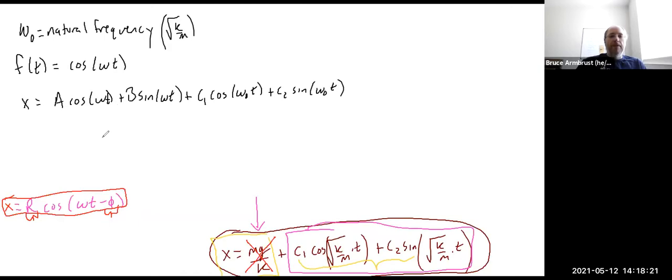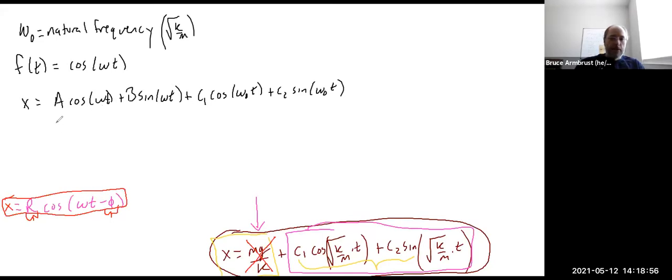Well, remember how we were able to combine two trig functions into one? You can do exactly the same thing here and combine these four functions into some others using some trig identities. What you end up getting when you do this is a product of two trig functions.